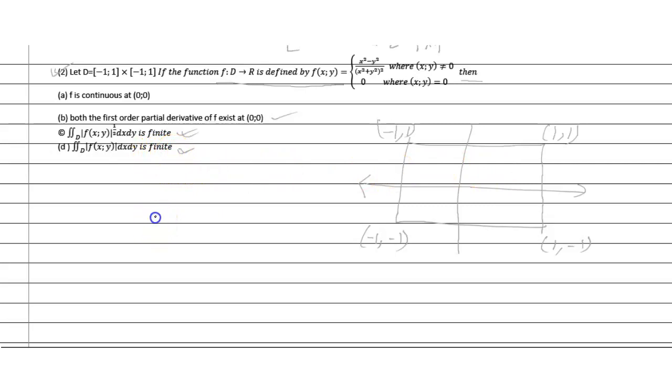Simple way, friends. Whether f is continuous at 0, 0, that I will find out. f(x,y) is equal to x square minus y square divided by (x square plus y square) whole square, and x is equal to r cos theta, y is equal to r sin theta.